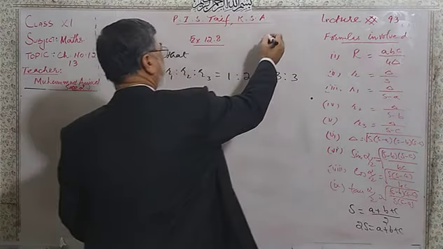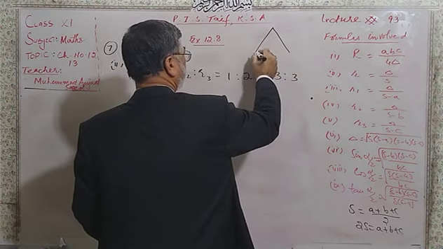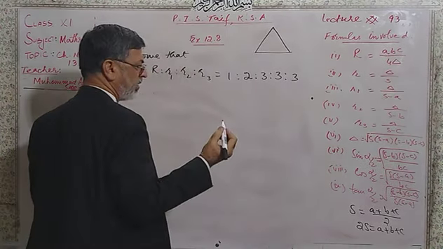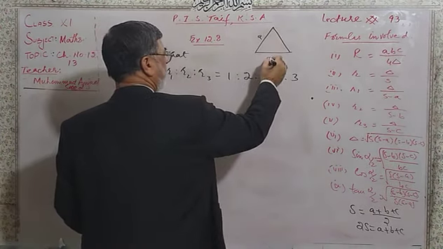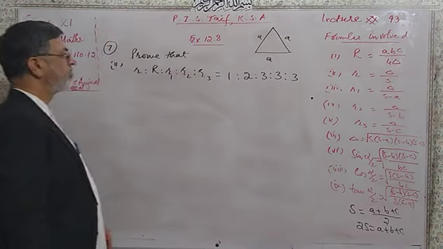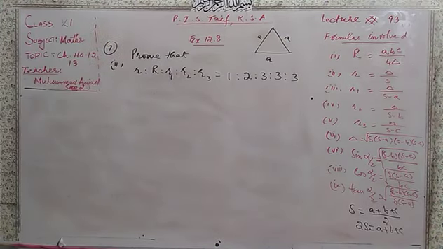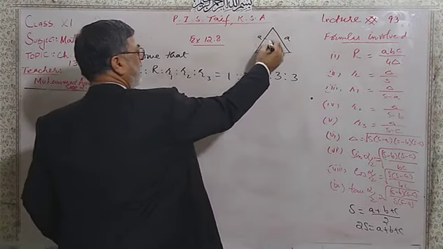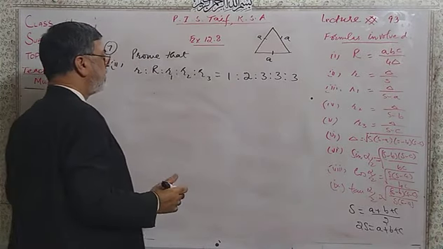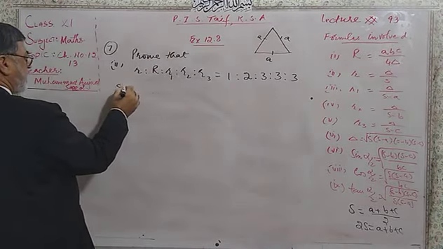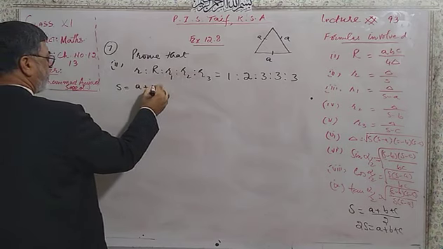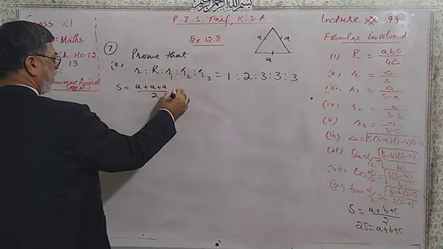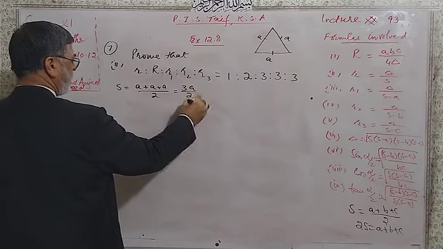In case of equilateral triangle, all the 3 sides are equal. Suppose these are A, A, and A. Therefore, S is equal to A plus A plus A by 2. That will be 3A by 2.